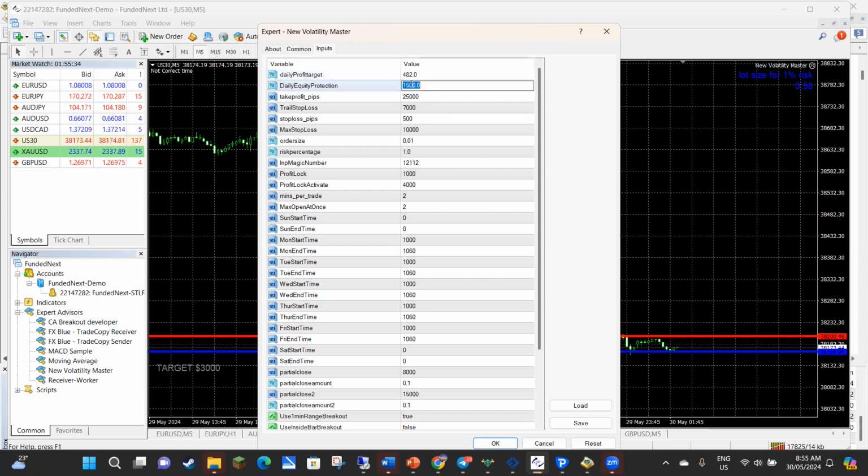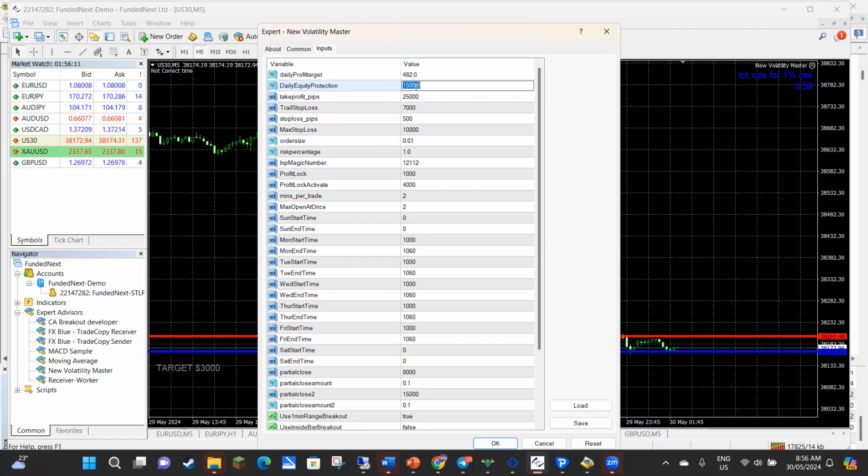Daily equity protection is working off the equity of your account. So it doesn't matter how or when or why the trades were taken out, what pairs of trades were taken out on. It's going to calculate that in the daily equity protection. For example, on my $6,000 account, I'm not allowed to exceed a 5% loss on any given day.